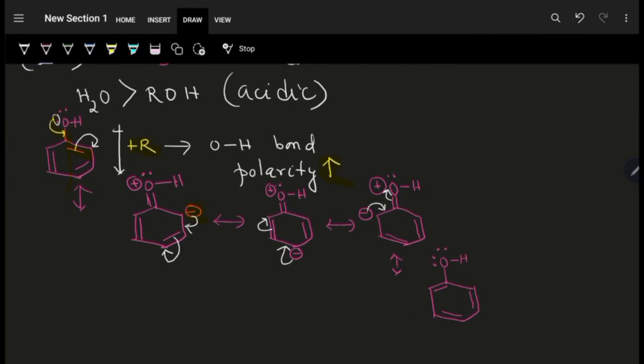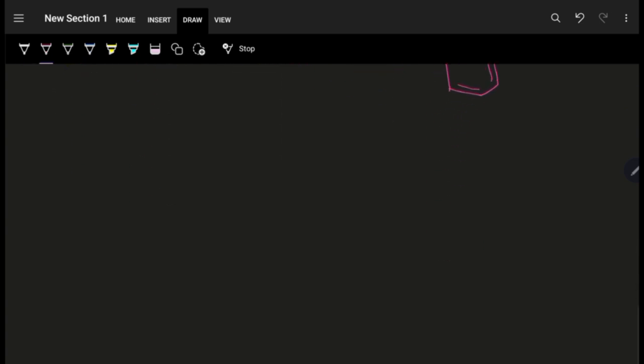Now this +R effect of phenol creates O-H bond polarity, for which H+ can be readily given to a base. Once this H+ is given to a base, it forms a phenoxide ion.